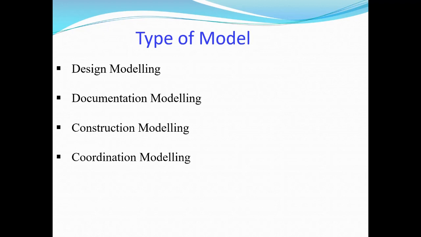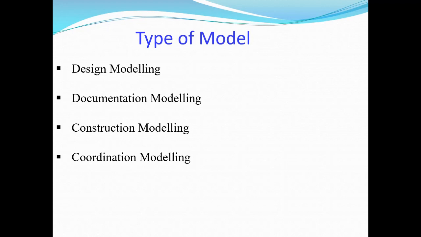Earlier I said the model is lifetime. You have to start from day one until the building is complete, so this is the whole cycle of the modeling. Let's say the client cannot take the decision immediately, right? So first we do a SketchUp, then we present to the client: are you okay with this model or not, and so on.